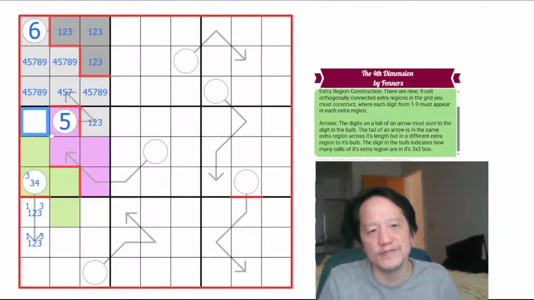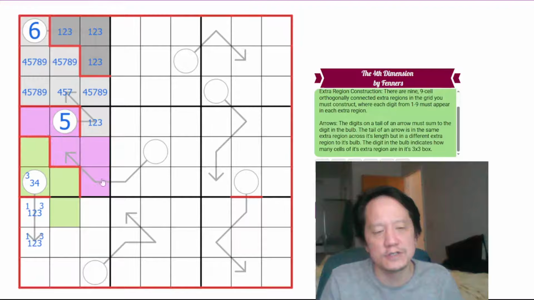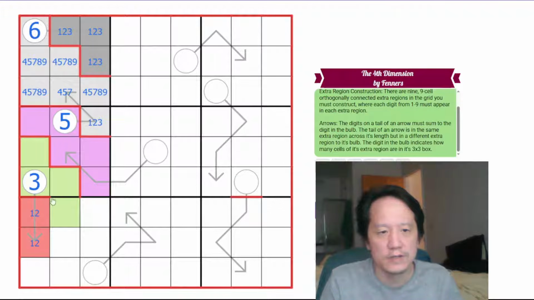So this has to be 5 is pink, and that forces that to be pink here. So this is a separate region, this is a separate region, this is a separate region. This must be 3, which forces this to be a 1-2 pair. And this is another region, so this is red. So we don't know if it goes that way. We do know that's a boundary.